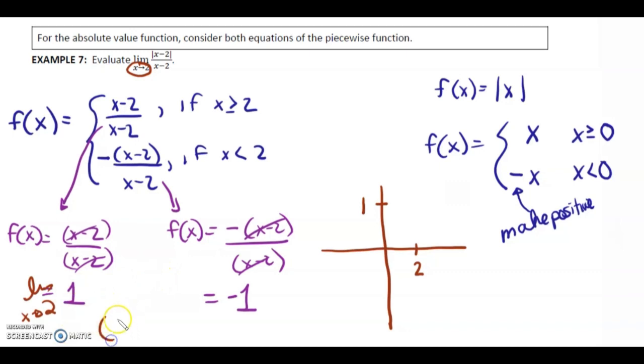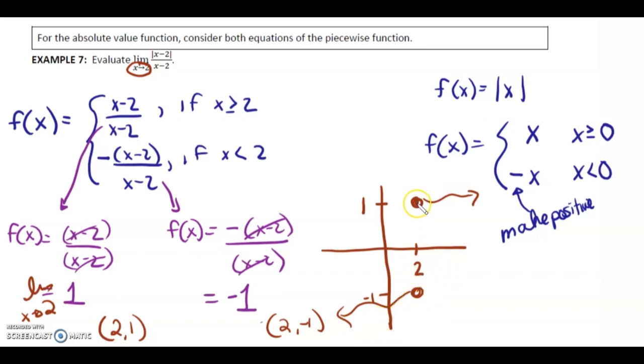So this is going to yield the point essentially 2, 1, and this is going to be 2, -1. So 2, 1, the graph is going to come out of here and go to the right. We can circle that in. And then 2, -1, the graph is going to come out of here and go to the left somehow.